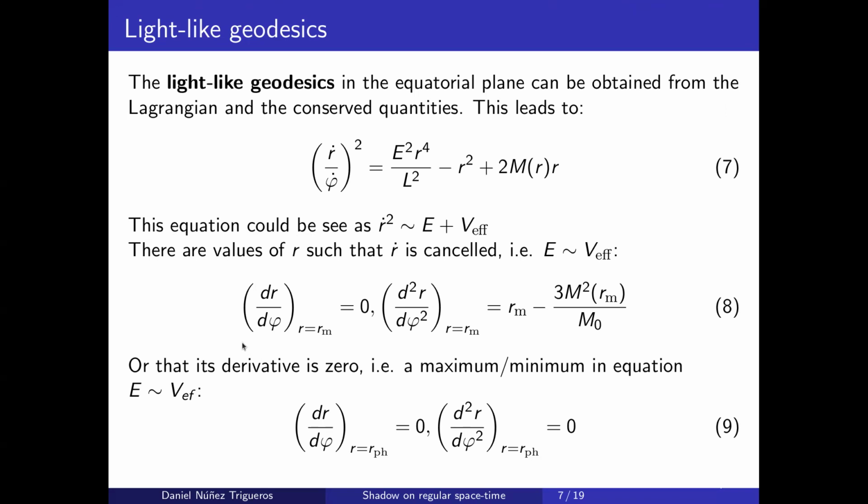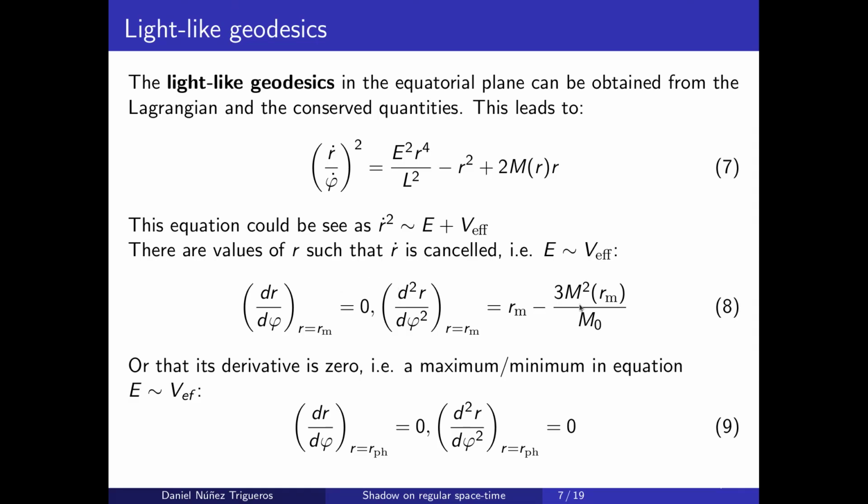So we are going to see the solution where the kinetic energy part vanishes, and we obtain a radius. We call it the minimal radius for the photons to describe orbits around our star.